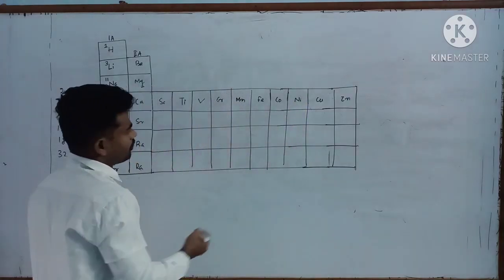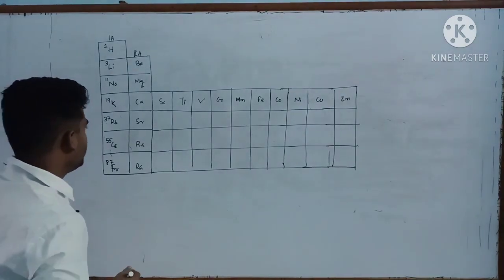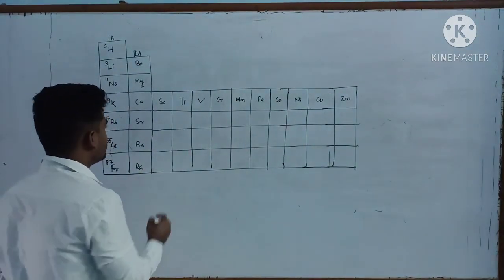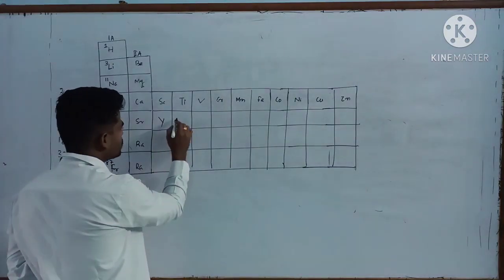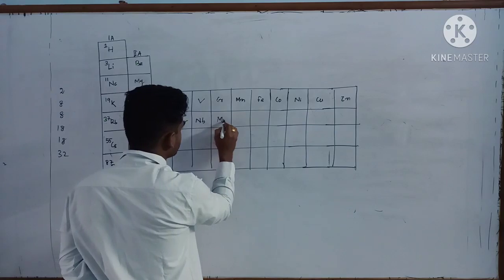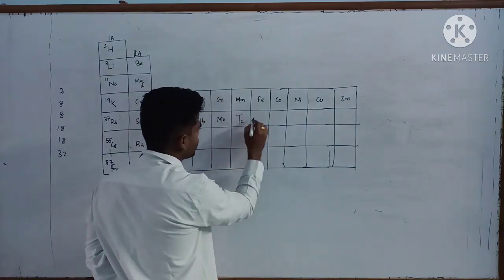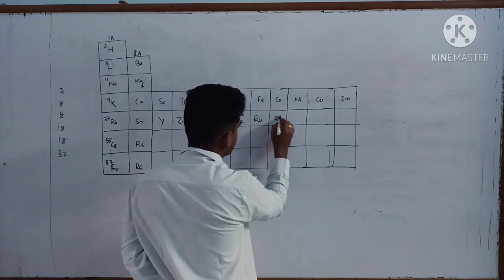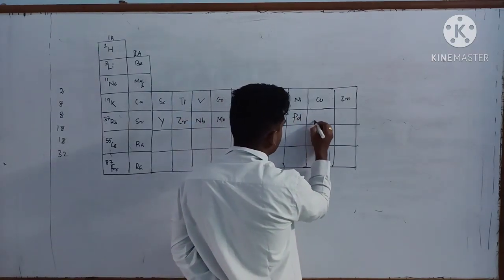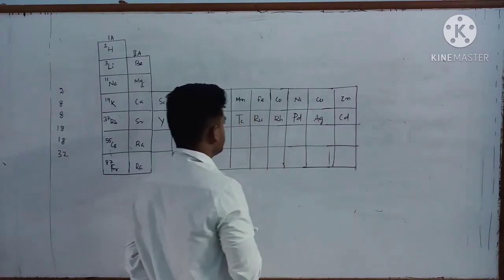So here you see, this is the 3d series, and next is your 4d series. It starts from yttrium, zirconium, niobium, molybdenum, technetium, ruthenium, up to cadmium.